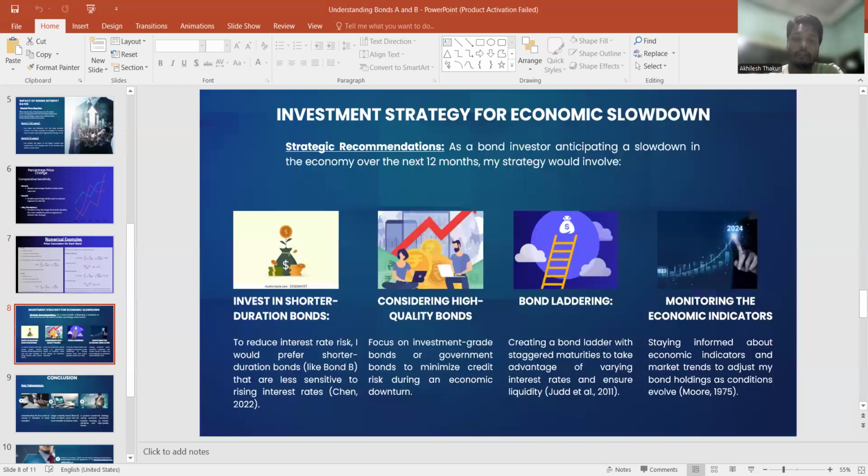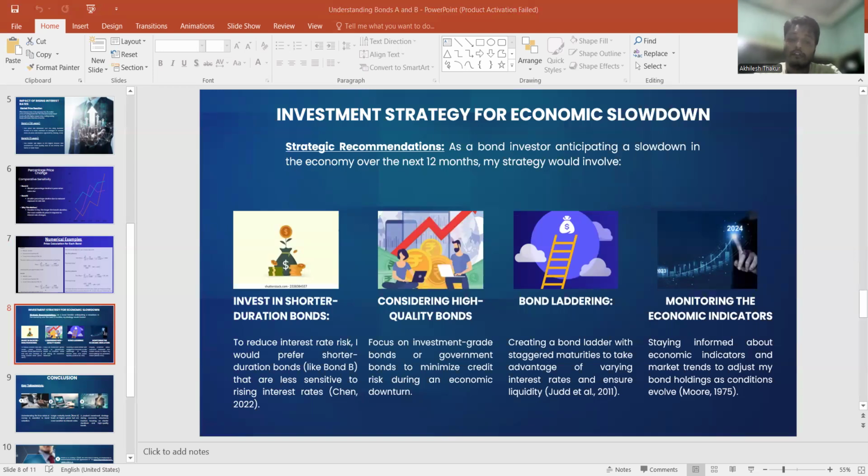Investment strategy. As an investor, I would focus on some strategies such as investing in shorter duration bonds like bond B. These bonds are less sensitive to rising interest rates, which reduces your risk.